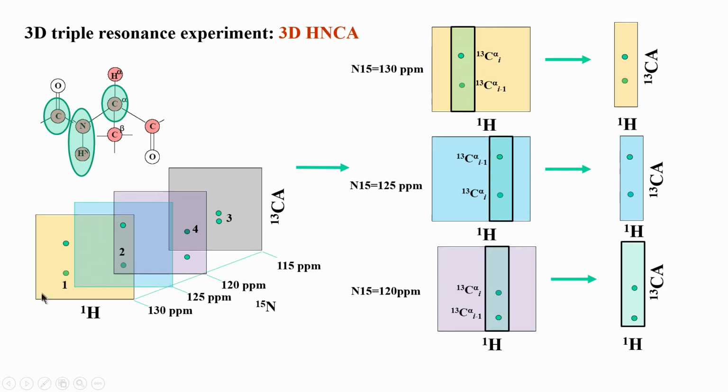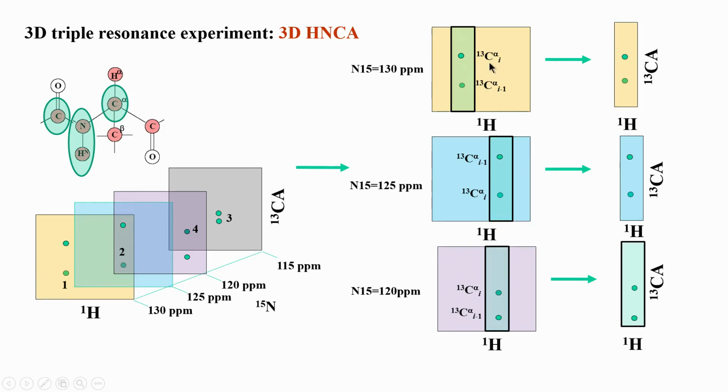Now, for every plane here, you look at this plane. Okay. So, for every plane, this axis is the nitrogen dimension, and this is carbon alpha. So, for a given plane, let us see here, for a given plane which is taken at an N15 value of 130 ppm, meaning I am taking this slice here.